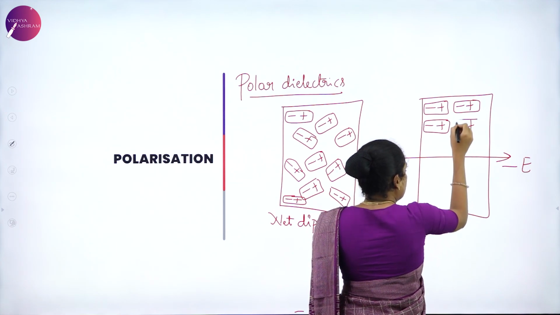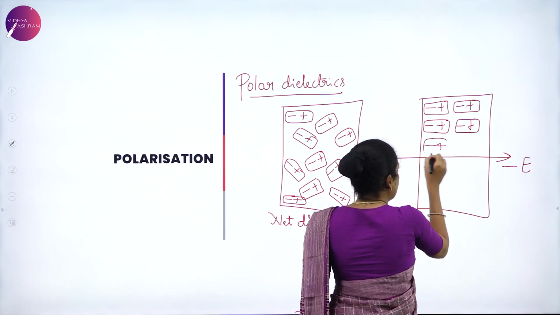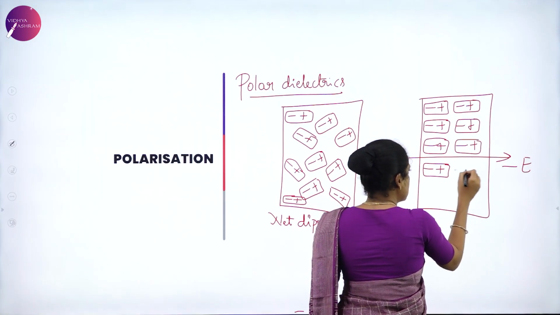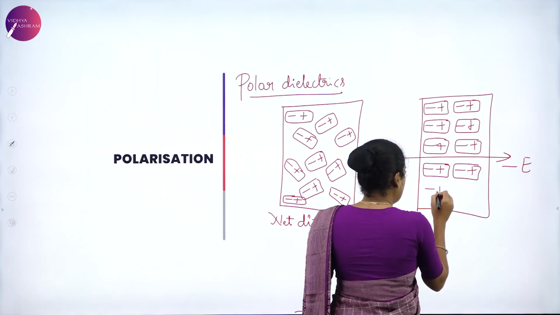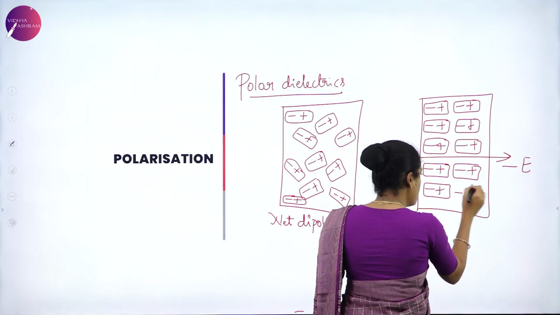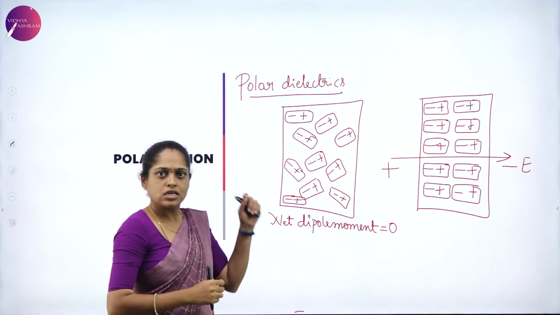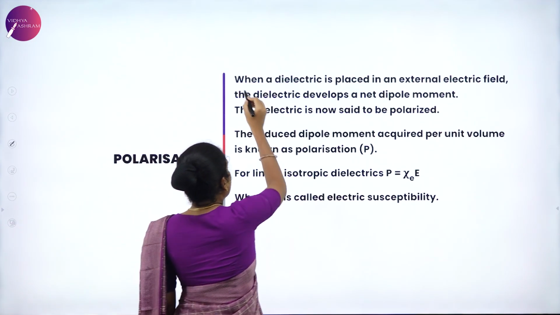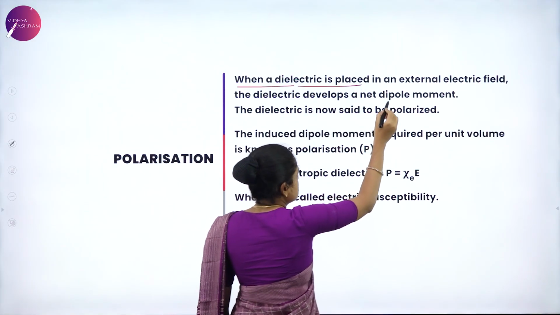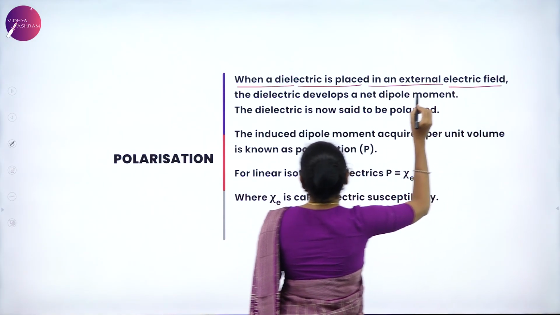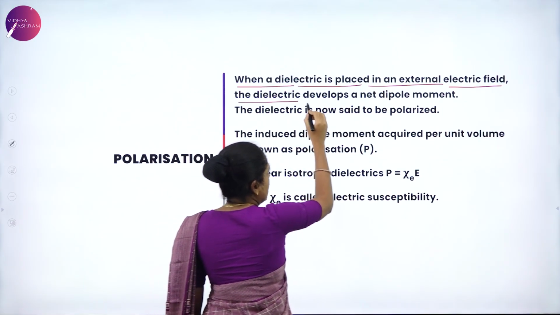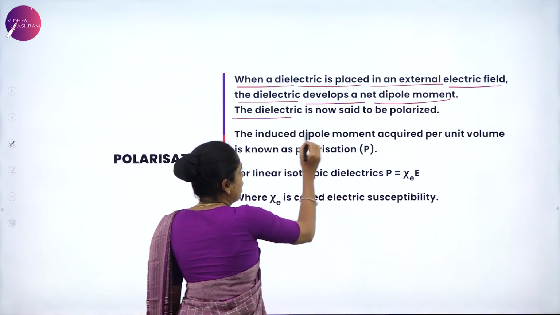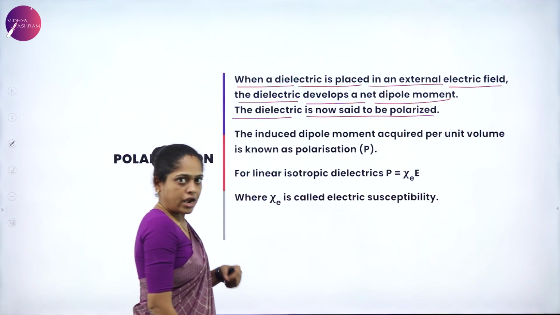When all the dipoles are in one direction, there is a net dipole moment, and this is polarization. So what is polarization? When a dielectric is placed in an external electric field and develops a net dipole moment, the dielectric is said to be polarized.